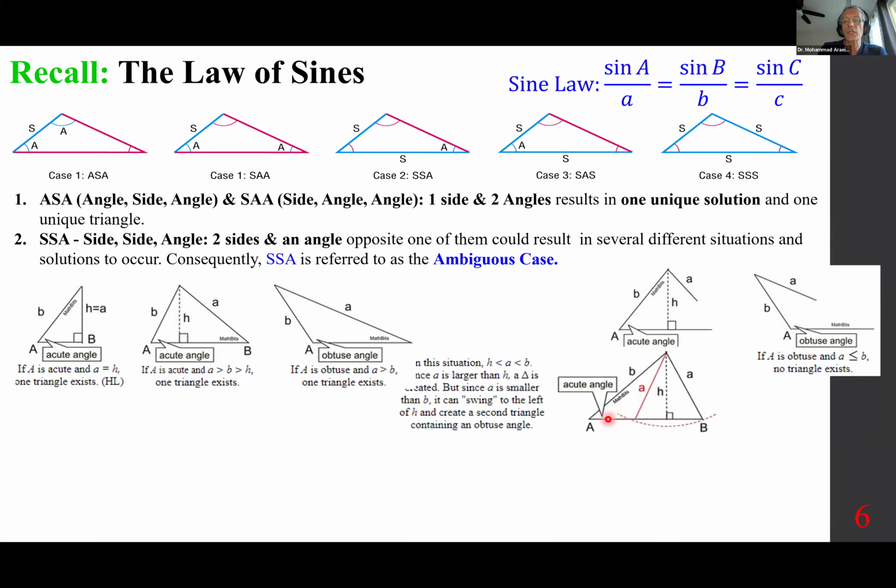However, if this is an acute angle and h is less than a and a is less than b, then we have two possibilities, this little one here and the entire triangle. That gives us two different triangles. I hope everybody is following that. It's very straightforward, everybody.